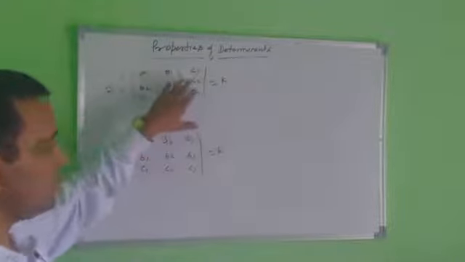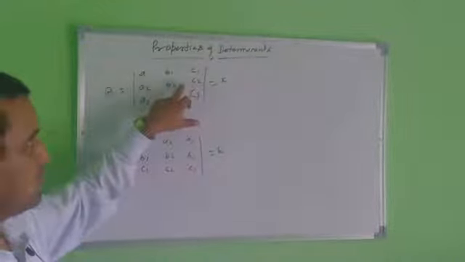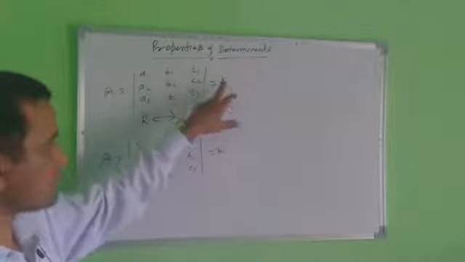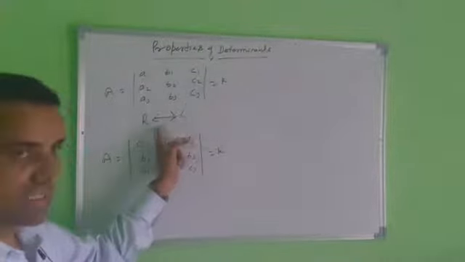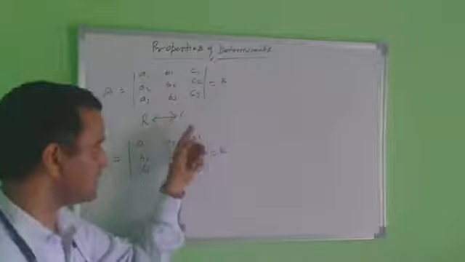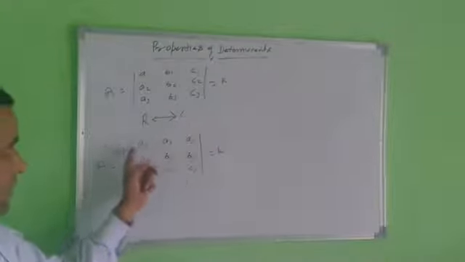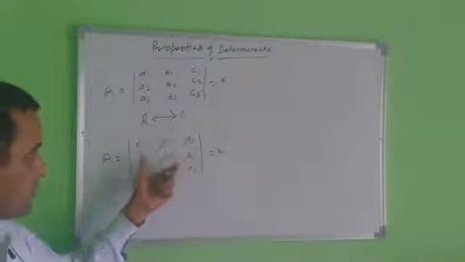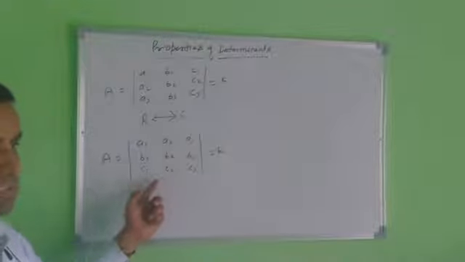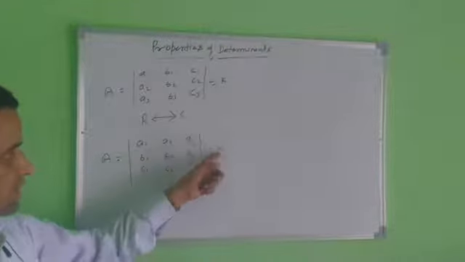When you find the value of this determinant, suppose the answer is K. Then after interchanging rows and columns, you get this determinant, and when you find its solution, the answer will again be K. The same answer.